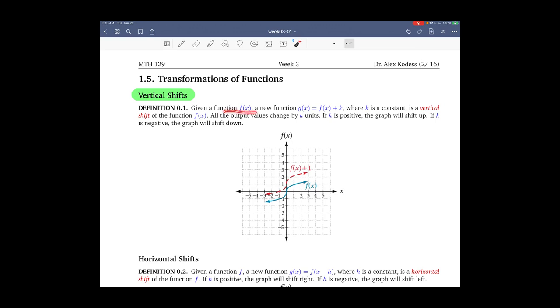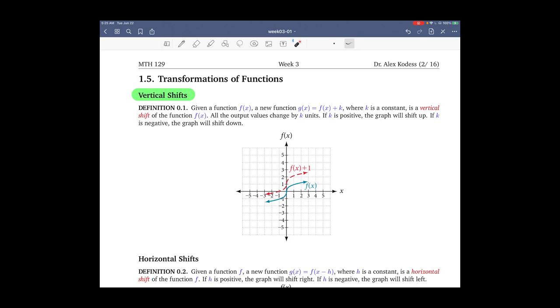Given a function f, a new function f plus constant k is a vertical shift of f. We always shift by absolute value of k units, and the sign of k determines the direction in which we shift. If k is positive, we shift upward. If k is negative, we shift downward.